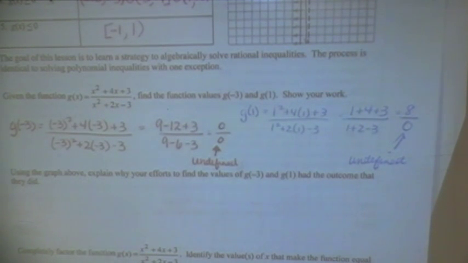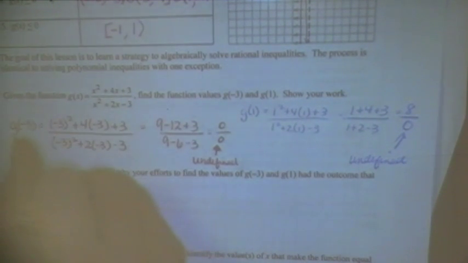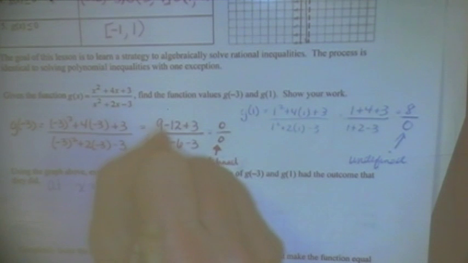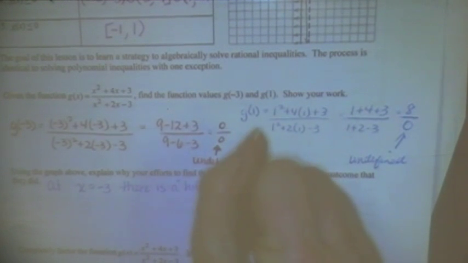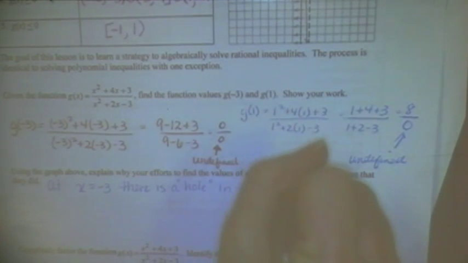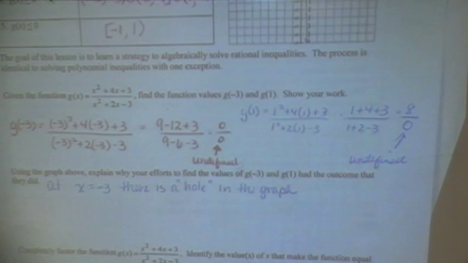Well, if we look at the graph, at x equals negative 3, there is a hole. Remember, hole is just the slang term for it. It is actually a point discontinuity.